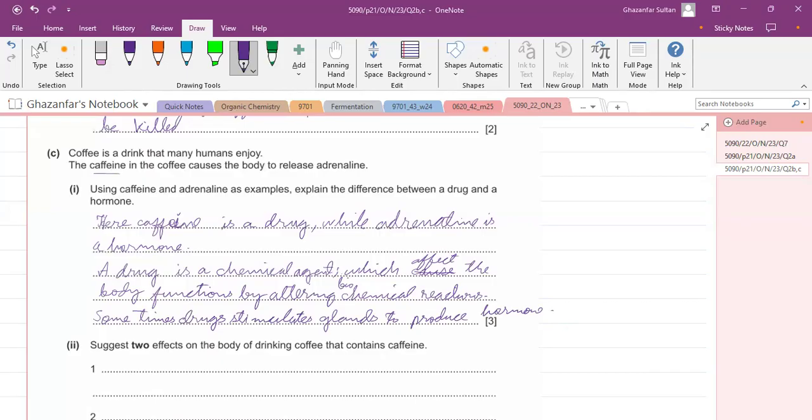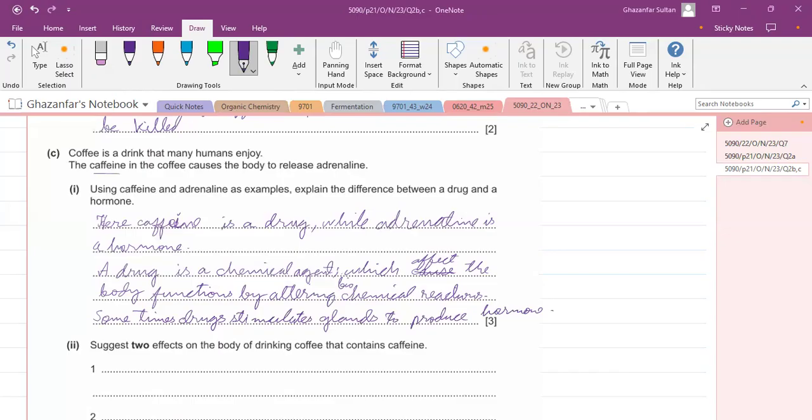So you can say that caffeine is a drug while adrenaline is a hormone, and the drug affects the chemical reactions when taken into the body, and ultimately it affects the function of the body.